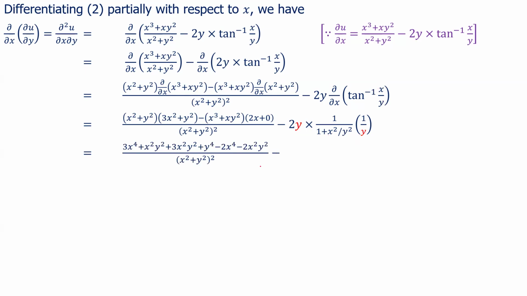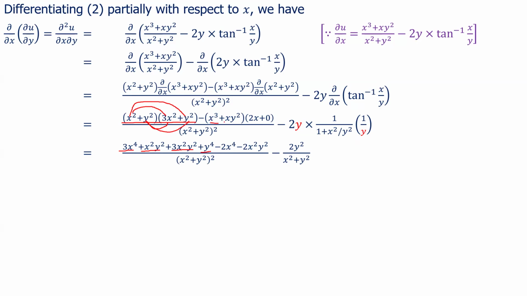Let us again try to simplify it. We have to just multiply this one. So x square into 3x square is 3x to the power 4. x square into y square is x square y square. Then y square into 3x square is 3x square y square. Then y square into y square is y to the power 4. And now there is a minus sign.